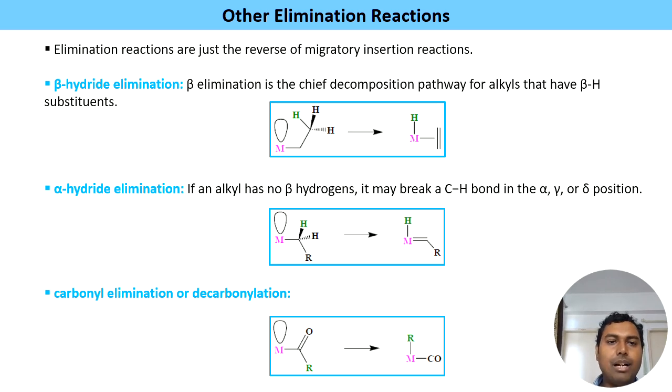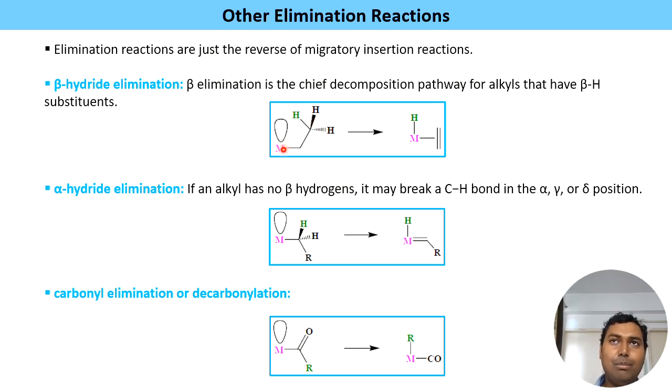So here are some other elimination reactions. The most famous one is the beta hydride elimination. Here we can see that if the metal is coordinated to an alkyl, and if this alkyl has a beta hydrogen, as we can see the green one, or basically all three are beta hydrogens, but here the H is close to the metal.